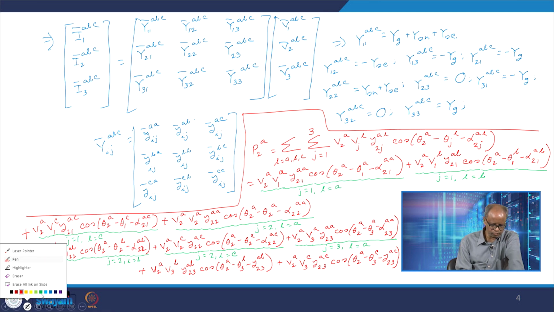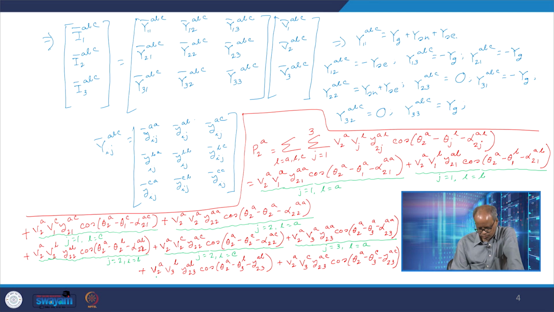So then this is basically j is equal to 3, l is equal to b, and the last one is j is equal to 3, l is equal to c.